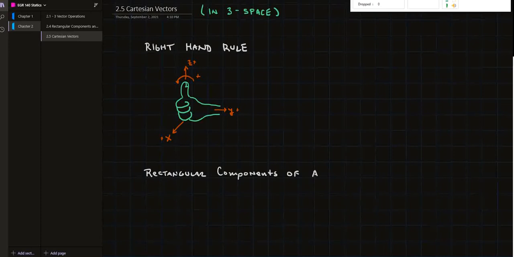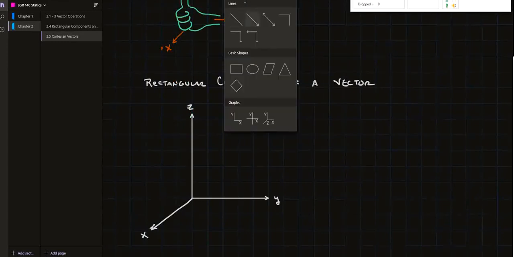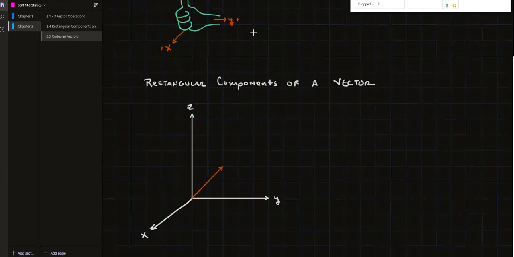So first we're going to look at the rectangular components of a vector. Say vector A coming out here in 3-space, so this is a 3-dimensional vector. It's going to have x, y, and z components. We'll call this vector A.